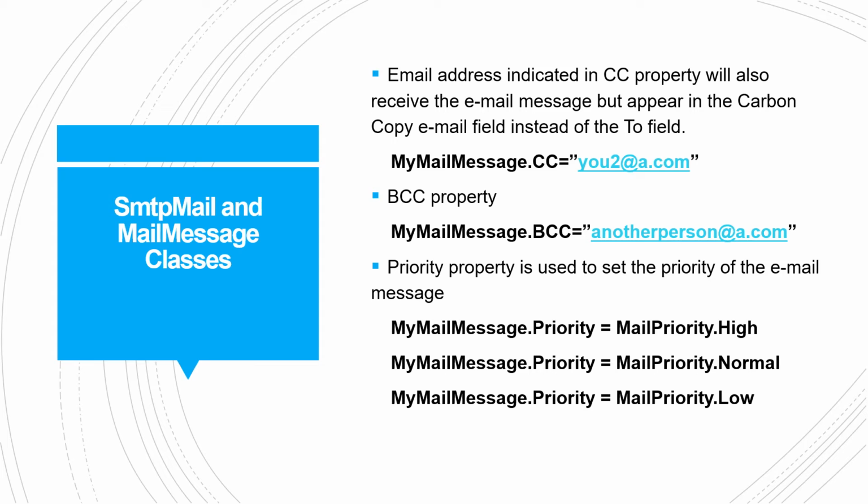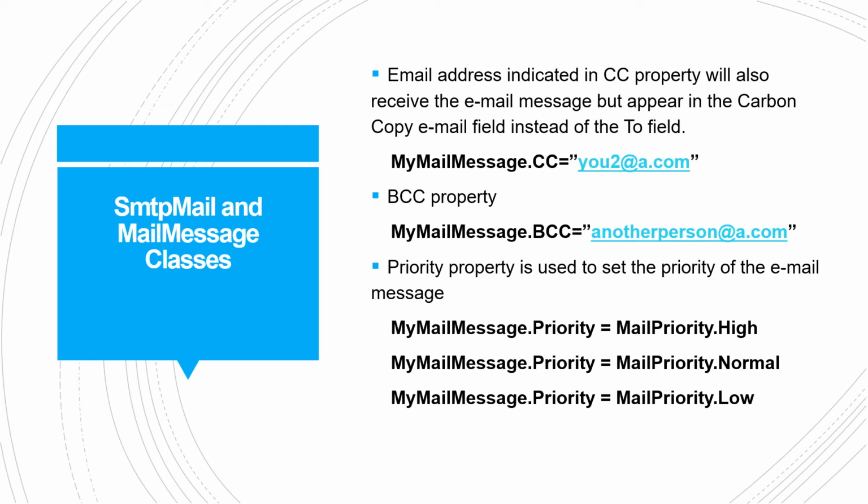One of those is the CC property. myMailMessage.CC equal to youtube@a.com. The email address included in this property will also receive the email message but appears in the carbon copy email field instead of the To field.